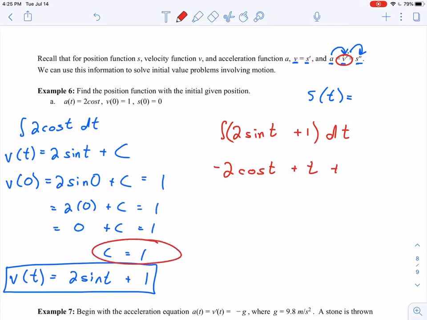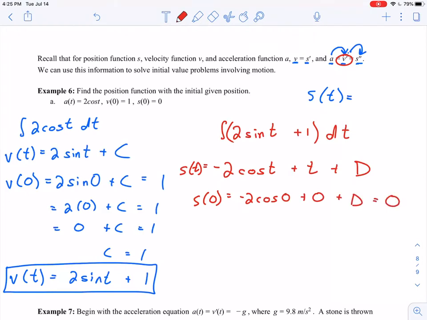You can call it c if you want to. I don't really like to call it c because I've already used that variable, so I'll just say, how about d? And this is my position function, or part of my position function, because now I need to know what is this d here. What is my constant of integration? So I'm told that s of 0 is equal to negative 2 cosine of 0 plus 0 plus d, that is all equal to 0.